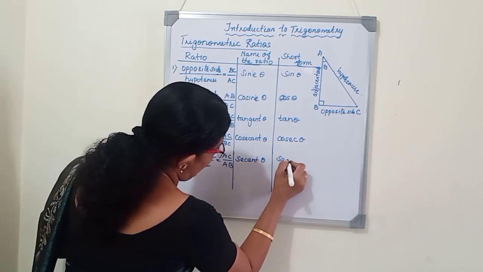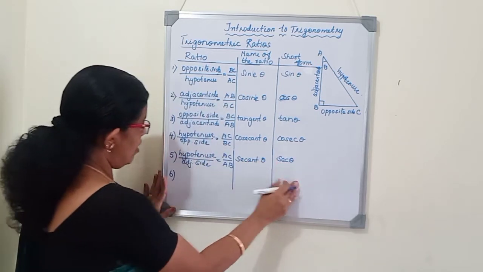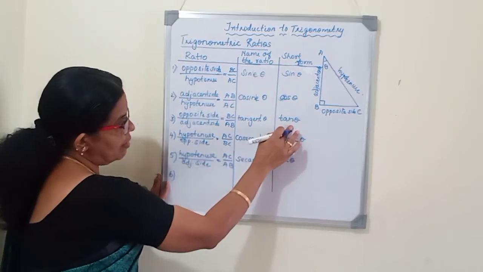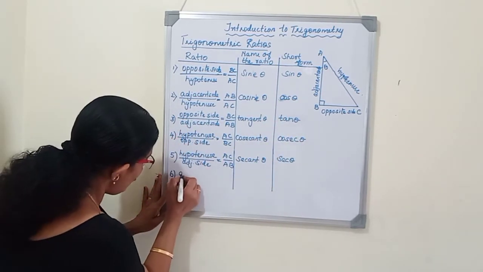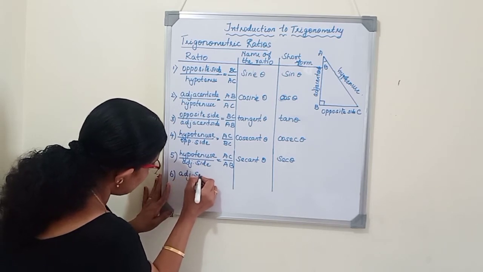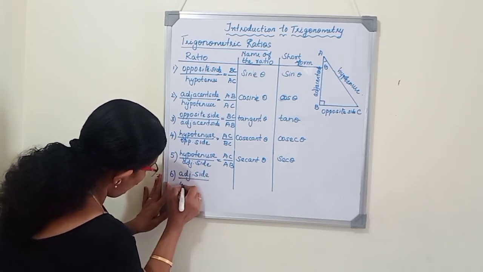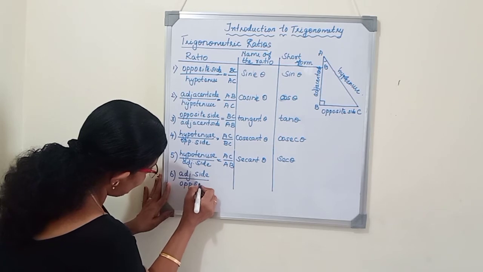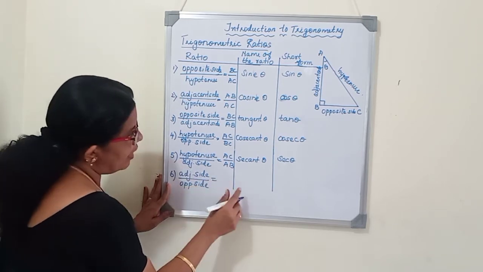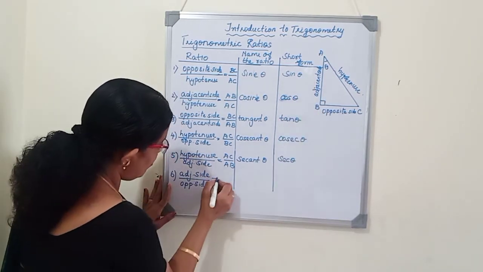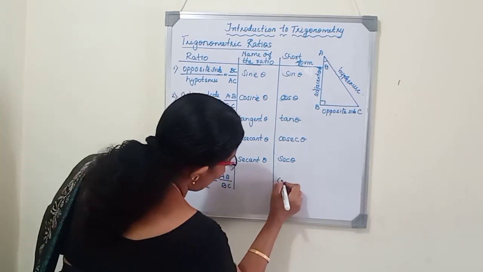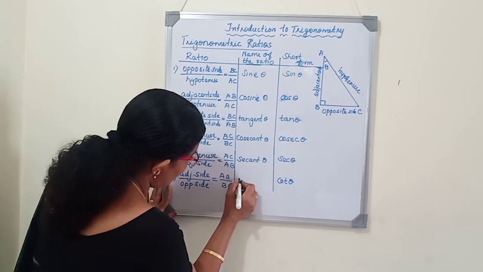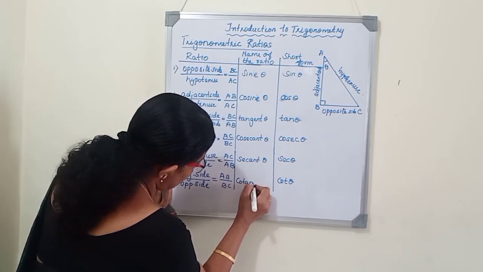We will call it only sec theta. And the last one is the reciprocal of tan theta, that is adjacent side by opposite side, AB by BC. This is cot theta. The full name is cotangent theta.